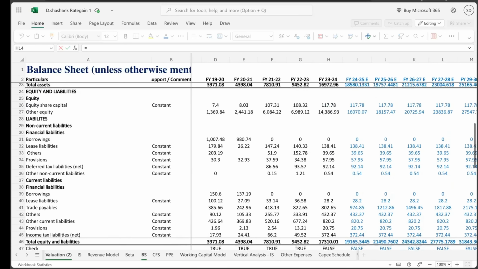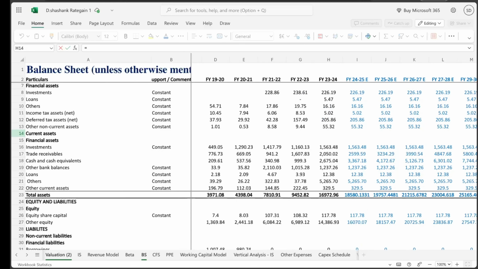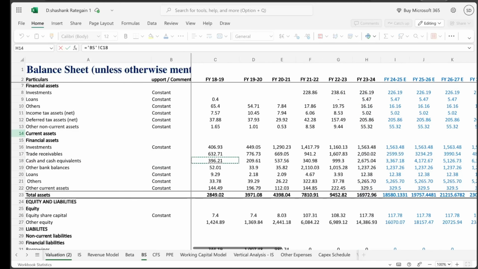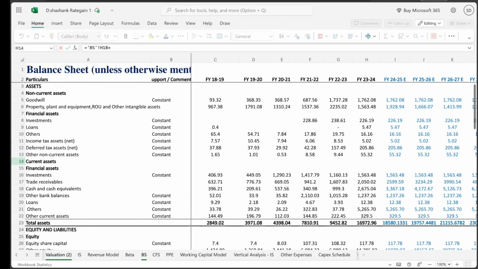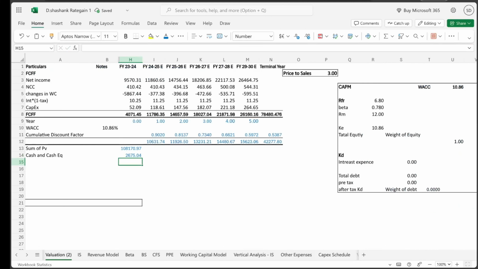So the cash and cash equivalent number is huge. All these SaaS and tech companies need to have this kind of cash because the industry is very competitive. They have to go for mergers and acquisitions anytime, so that's why they carry so much cash, and they don't give dividends.